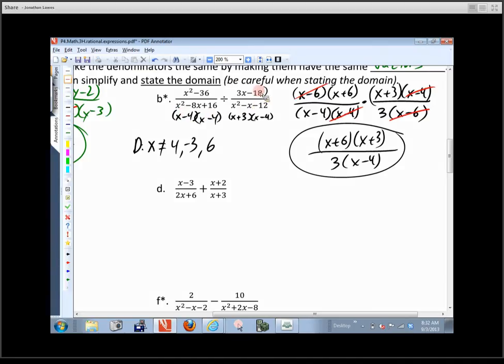Can anybody tell me why? This x minus 6 over here. This one here. Okay. We flipped it over, right?